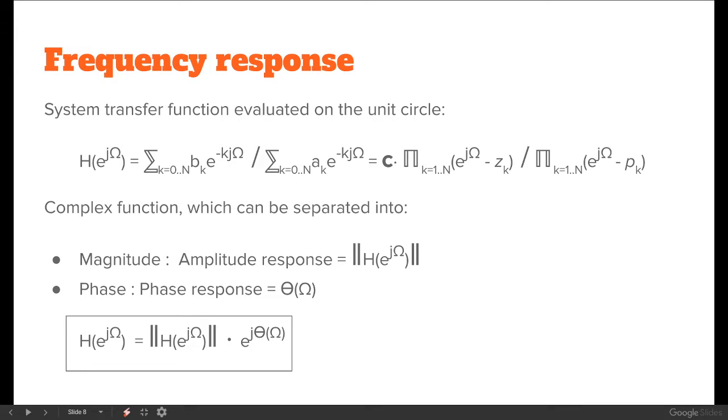In analog systems, our frequency is on the j-axis.